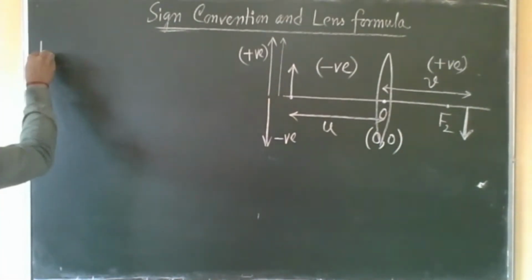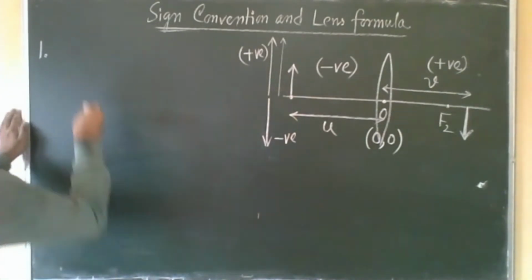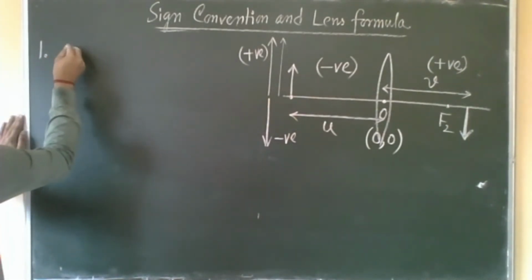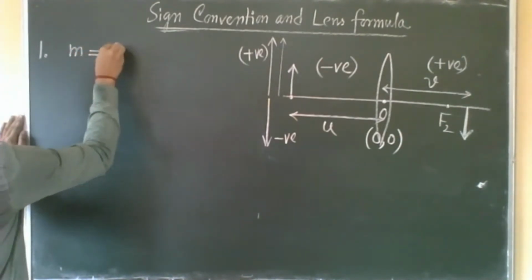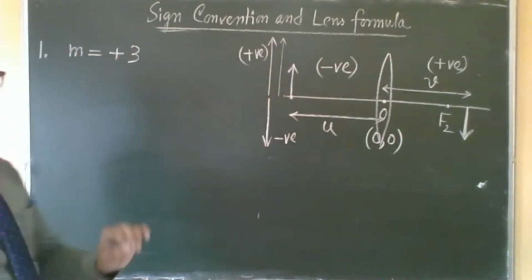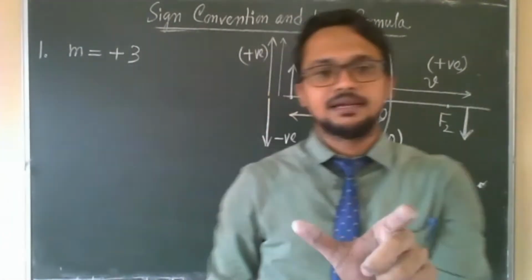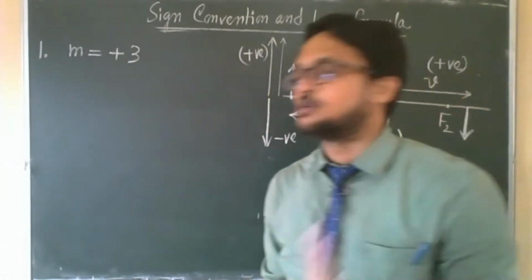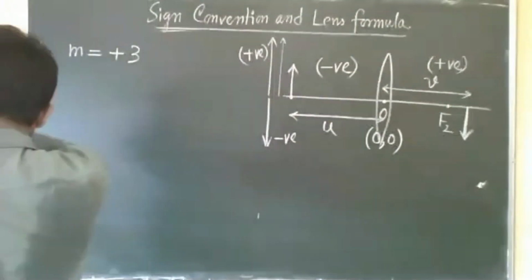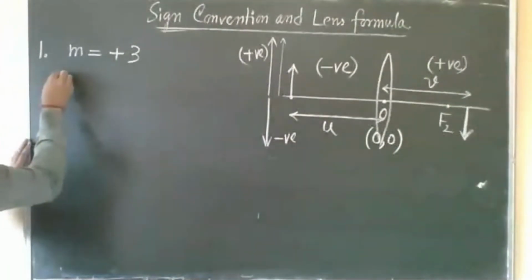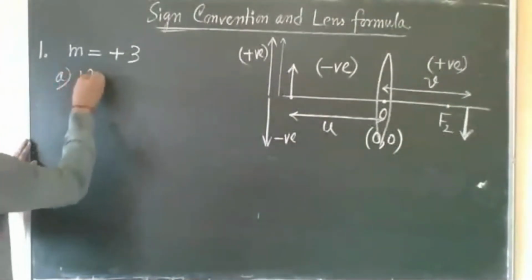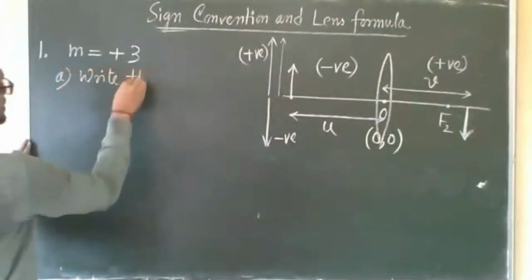So first question: the magnification of an image is given, M equal to +3. Only this single statement is given, nothing more. First question is, write the properties of image.